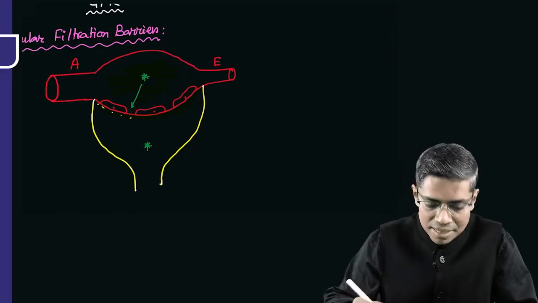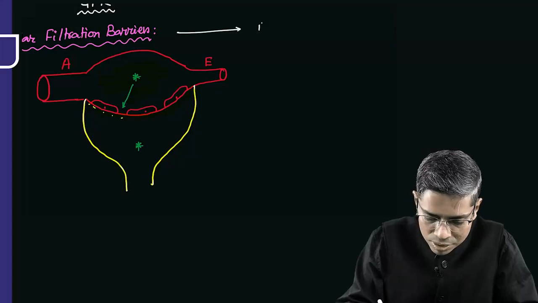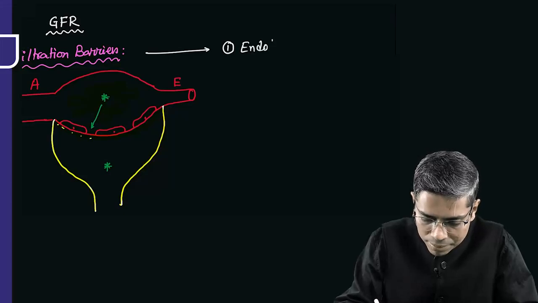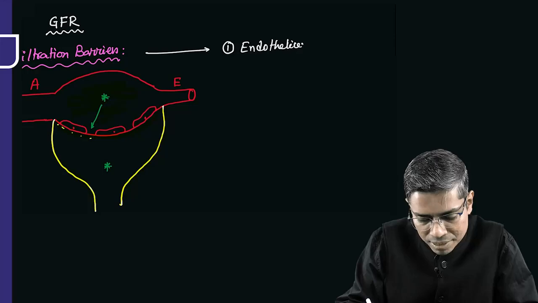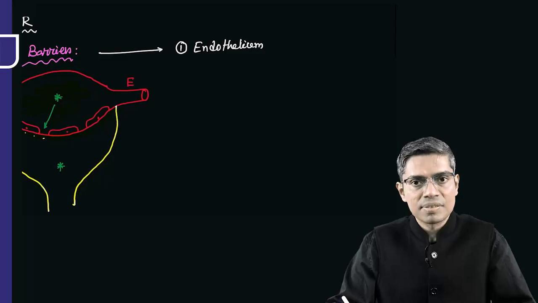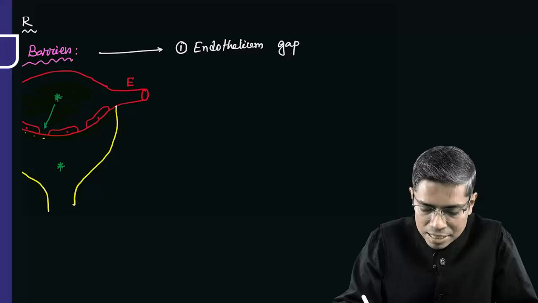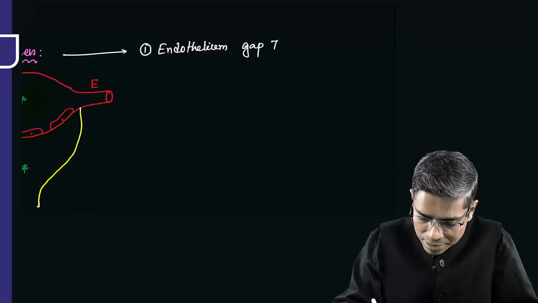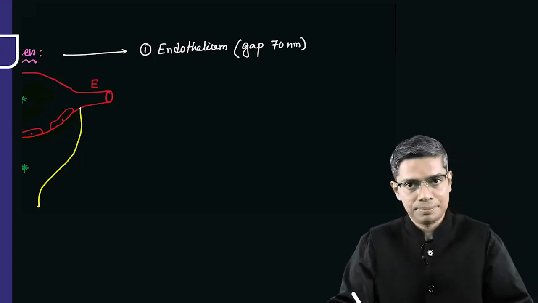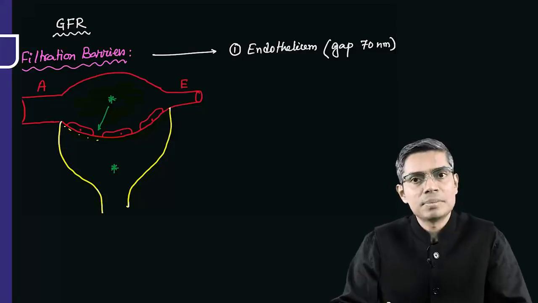So the first layer of this barrier, I am writing here, number 1, endothelium cell of glomerular capillary. Because it is a fenestrated type of endothelium, the gap present in between two endothelium cells is 70 nanometer. So big gap. So these substances will easily pass through this big gap between two endothelium cells.